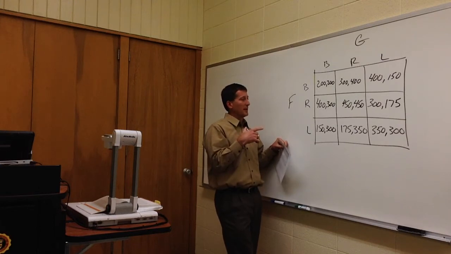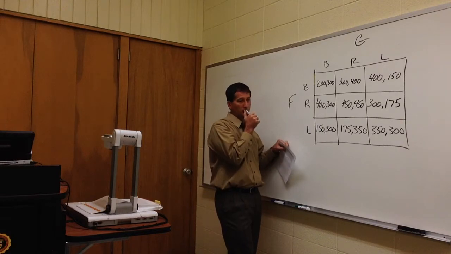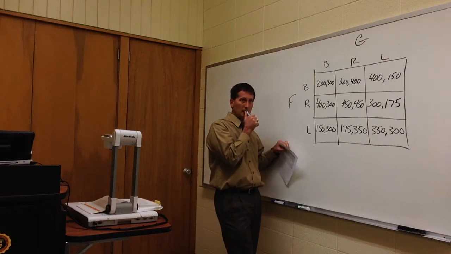So which one's dominated? Well, leave as is for who? Grocery Mart, I don't know, because for Grocery Mart, when Food For You leaves the store as is, the payoff for Grocery Mart is 300 on both buildings.